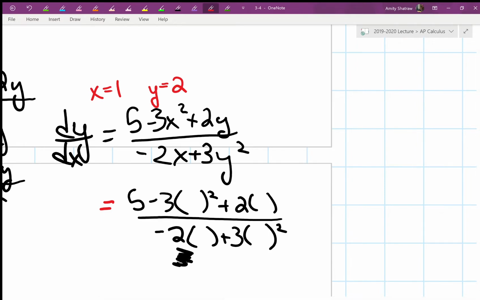And I'm going to plug in my numbers. x is 1, y is 2, x is 1, y is 2. And simplifying that, I'll leave it to you.